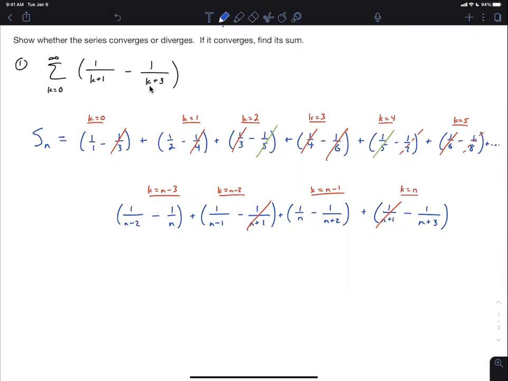Okay, now what else cancels with what we've got on the screen so far? 1 over n, good. And so the 1 over n cancels. Now we're going to keep going back until an entire parenthesis, an entire term cancels out. So we go back, that hasn't happened yet. We go back to k equals n minus 4.